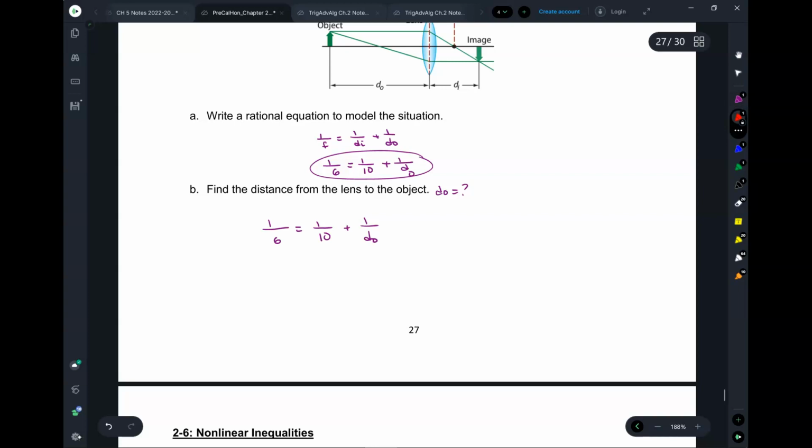We're going to do the same exact thing. What is the common denominator between the 6 and the 10? 30. And then the do as well. So it's 30 do. So we're going to multiply everything by 30 do.